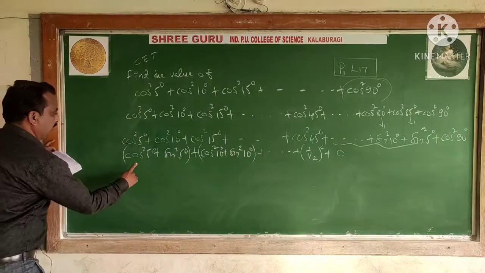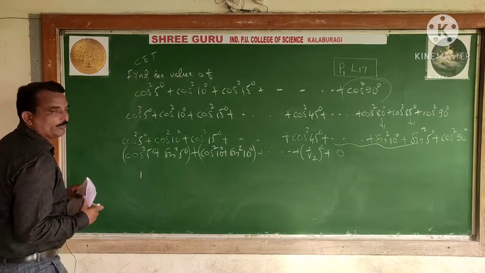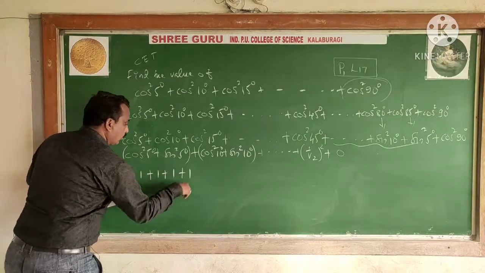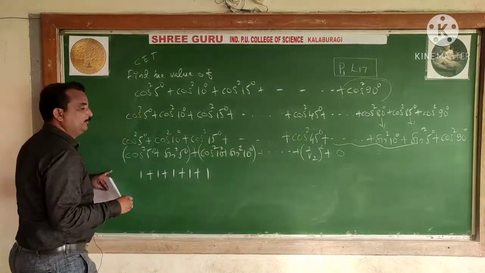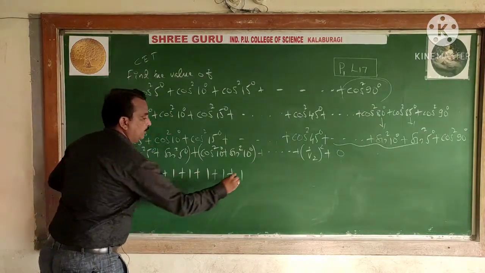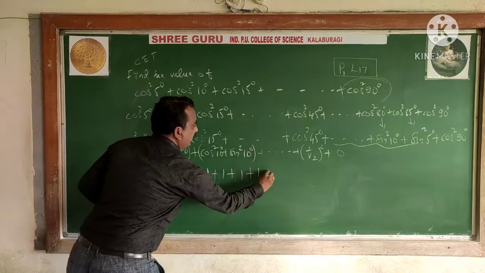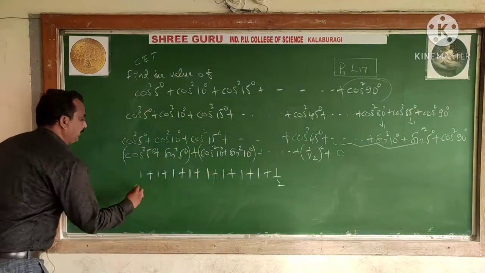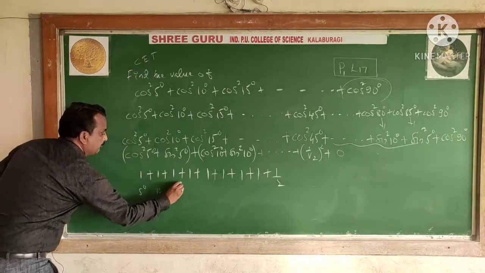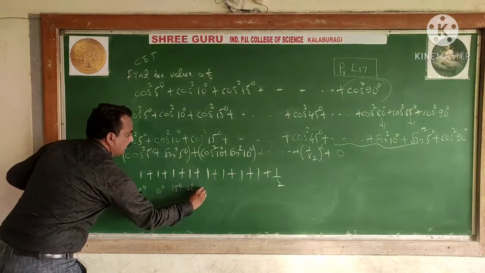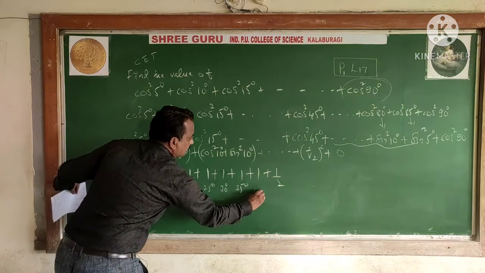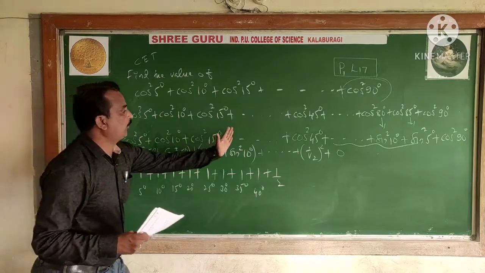Now see the terms here: cos square 5 plus sin square 5, 10, 15, 20, 25, 30, 35, up to 40. 45 is 1 by 2. See the pairs of 5 degree, I am writing below that one: this is 10, 15, 20, 25, 30, 35, up to 40 degree.